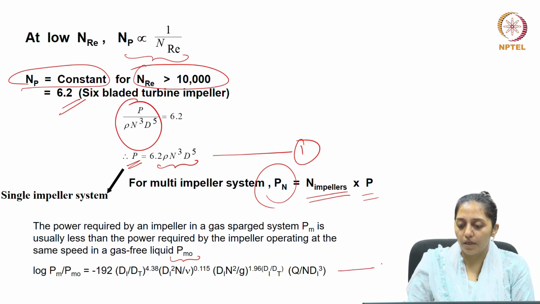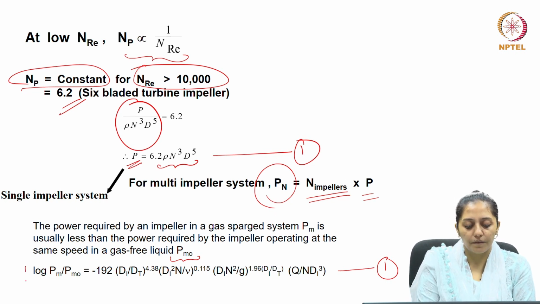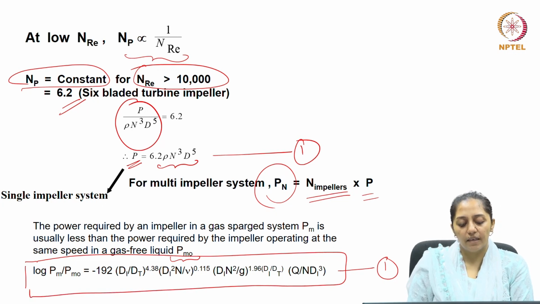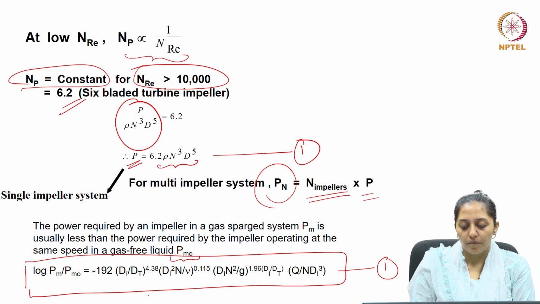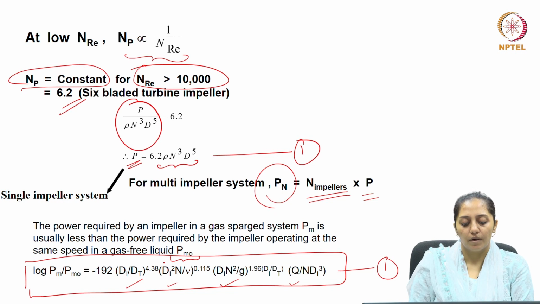Then the correlation given here at the bottom is generally used to relate the gassed and ungassed power requirement with the functions of aeration number, Froude's number, Reynolds number and your length ratios, where it is di by dt. dt stands for the tank diameter and di is the impeller diameter.